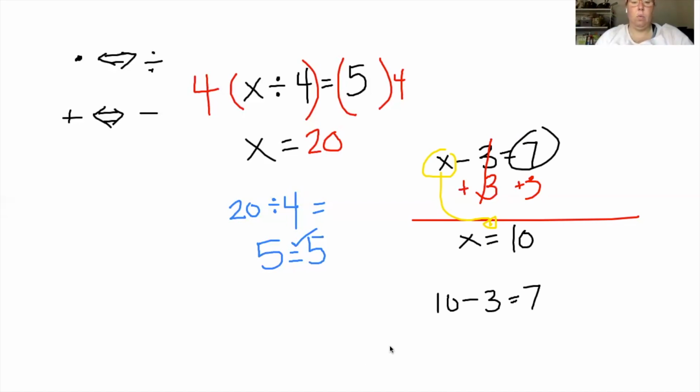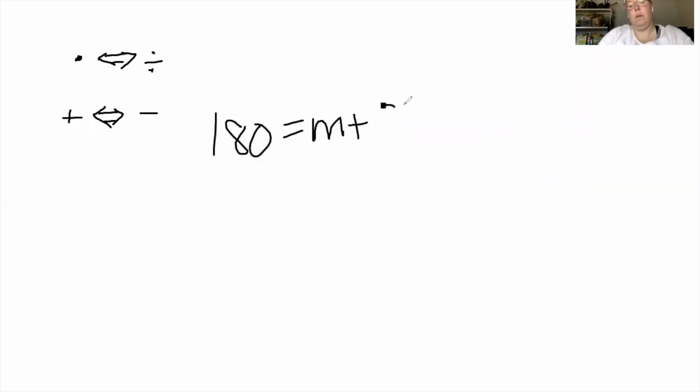One more example. This is an example straight off of iReady, and it says, make an estimate of what m should equal. Now, it's 180. What is m going to equal to be close to 180? I think this is actually supposed to be 188, but it really doesn't matter.